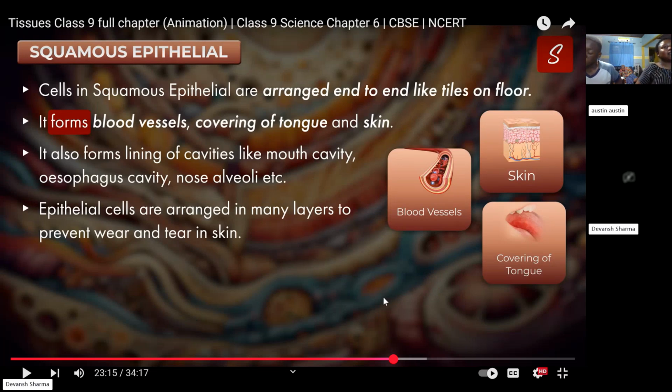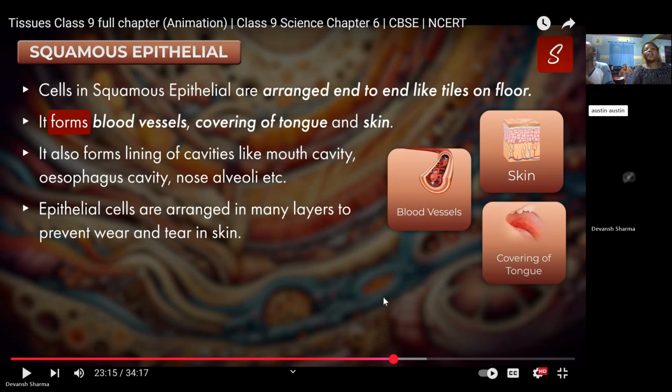When we breathe in air, the air goes inside the lungs, and in the lungs this alveoli helps to exchange the oxygen. It takes the oxygen from the air and gives back carbon dioxide. So the lining of that alveoli is also made up of squamous epithelial tissue.